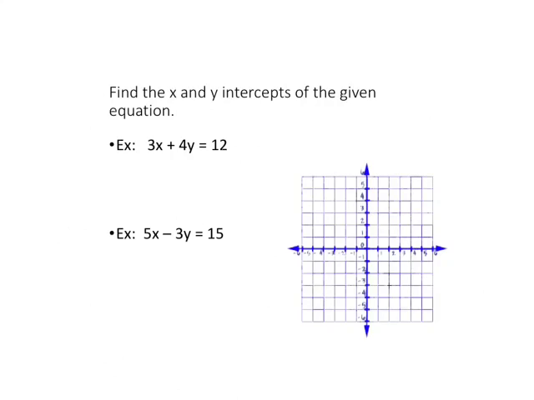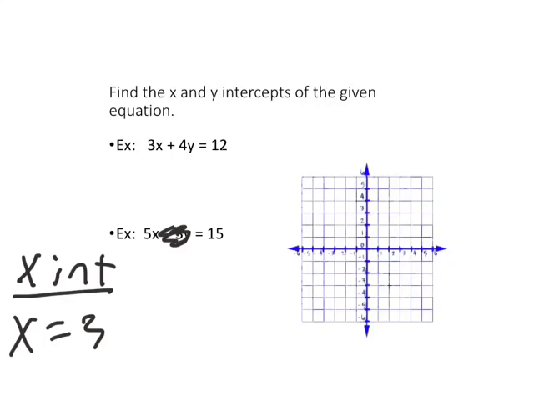Alright, let's go ahead and try one more tonight, and this is using the intercept method. So to find the x-intercept, you cover up the y term. So when you solve that, what's the x-intercept? 3. Then we'd go ahead and find the y-intercept. So to find the y-intercept, we're going to cover up x.